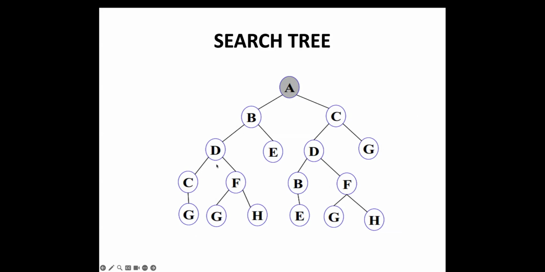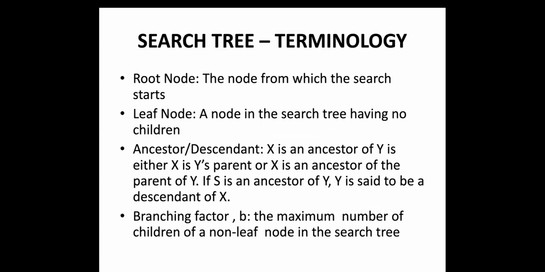From C here, we have one child. So the branching factor is the maximum number of branches you can get from a particular node. In this particular search tree, the branching factor is 2. We can have other situations where the branching factor could be more than 2, because there are more than 2 possible states where you land from a particular node.